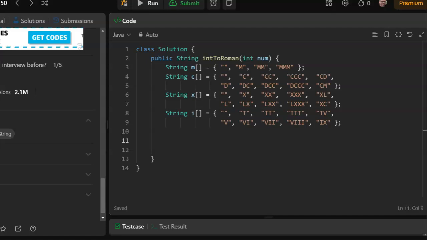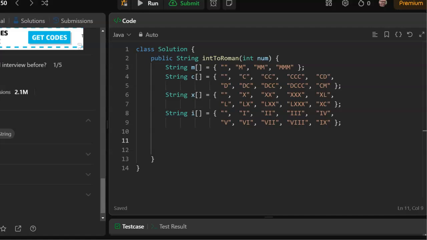Okay, as I said, we're going to do some pre-processing here. It's almost like cheating, but it's not. We're just going to write out all the possible numbers, store them in arrays, and then just index them as needed.